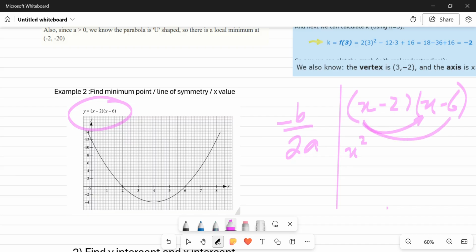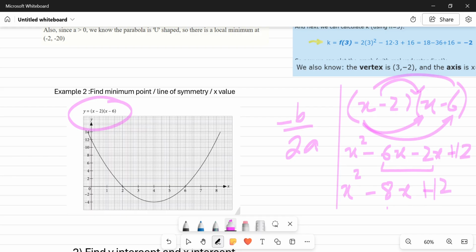When we multiply x with minus 6, it gives you minus 6x, then minus 2x, and then minus 2 multiplied with minus 6. You people have already done this in algebra, chapter 4 of D3, and it gives you plus 12. When we combine these two like terms, we get x squared minus 8x plus 12.